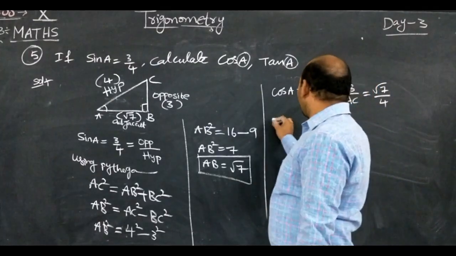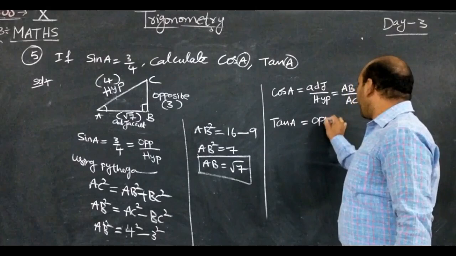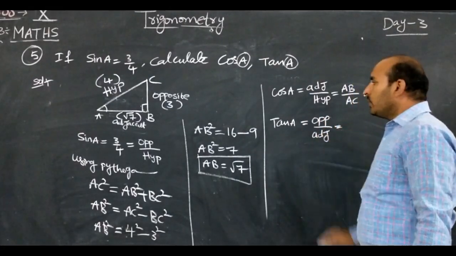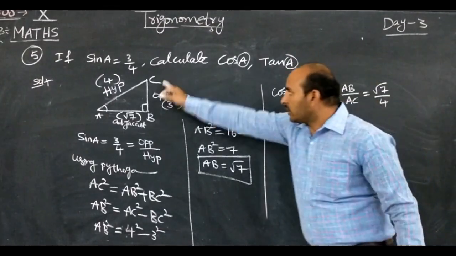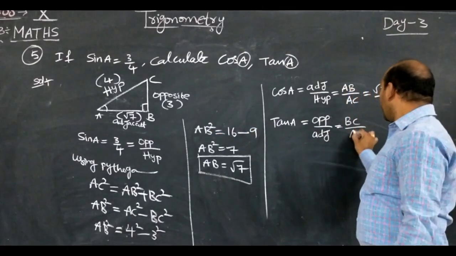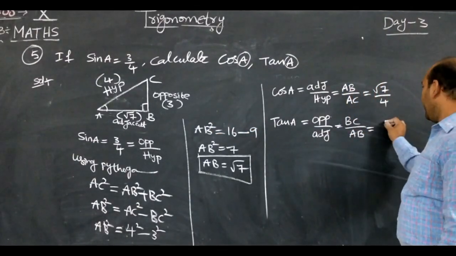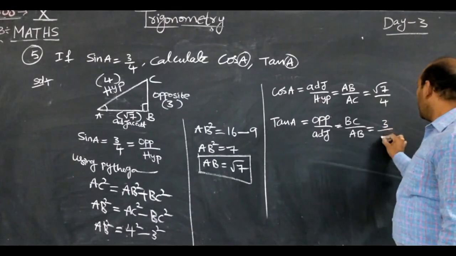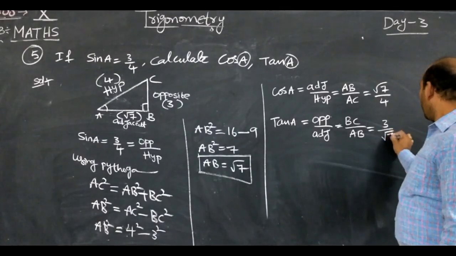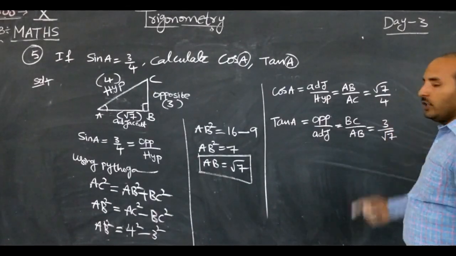Now tan A is equal to opposite side divided by adjacent side, which is BC divided by AB, that is 3 by root 7. So cos A is root 7 by 4, and tan A is 3 by root 7.